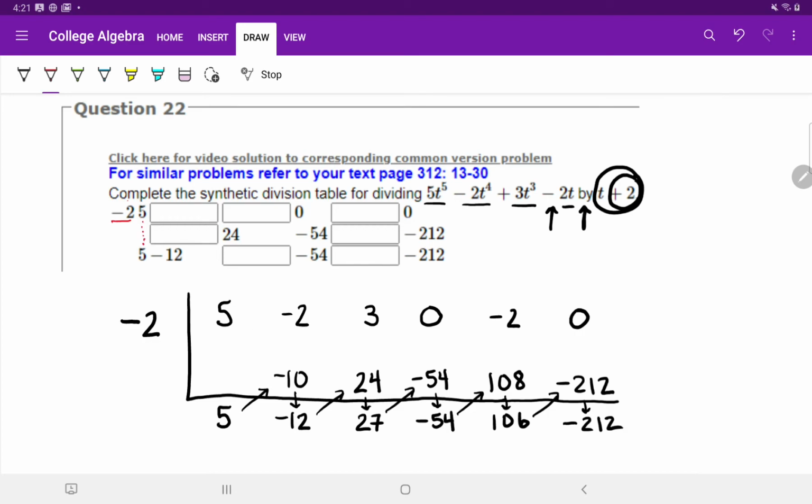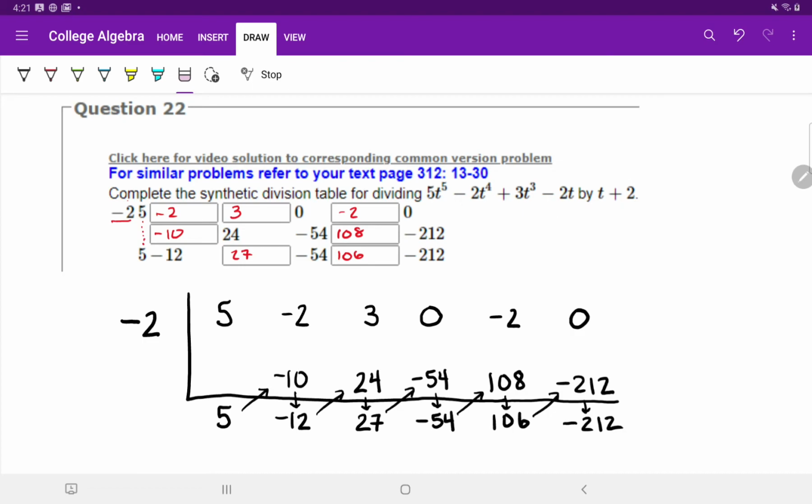So the next boxes they need us to fill in are the -2, -10, and they have the -12. Then we do 3, 24, 27, then 0, -54, -54, then -2, 108, 106, and then they have the 0, -12, -12. So they're just basically asking you to do the synthetic division on your own, fill in what they left blank, and you're good to go.